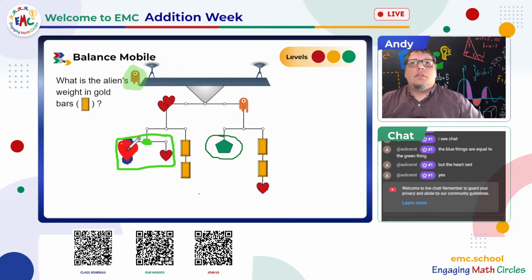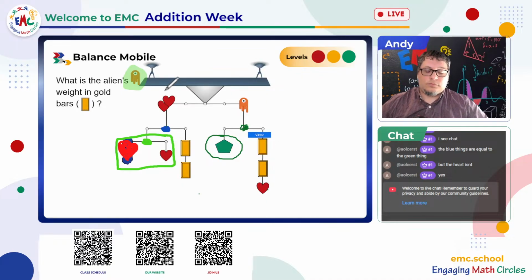Now we know, based on this pivot point, from this and that pivot point, you can say that the pentagon is equal to gold plus heart.